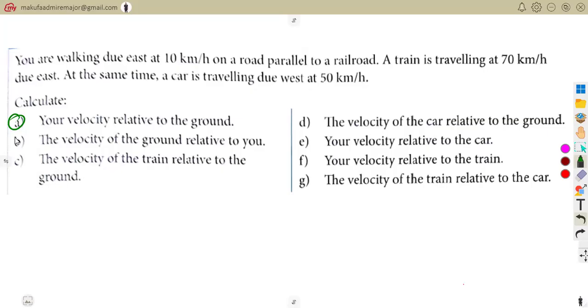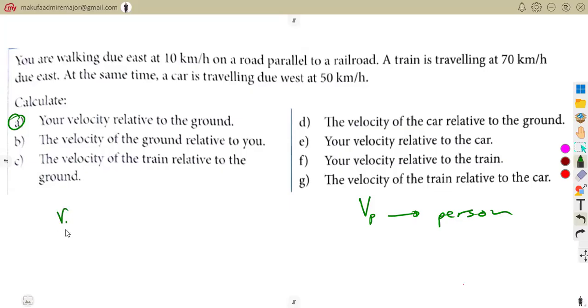Since it's me, we can say P for person, so it's going to be VP. It says relative to the ground, so VPG is equal to VP minus VG. Your velocity relative to the ground.